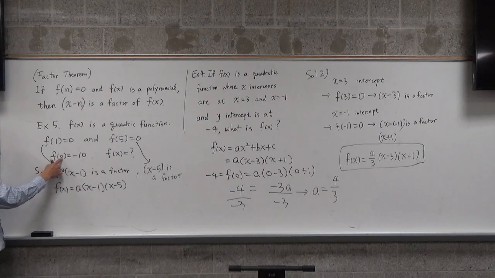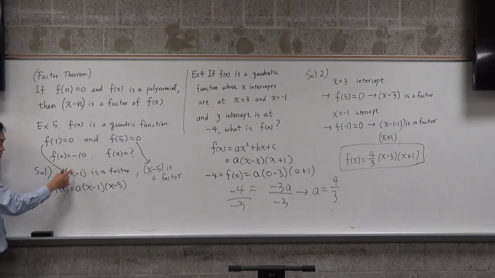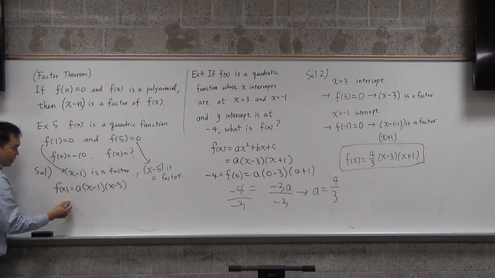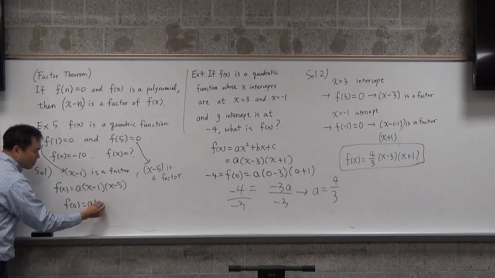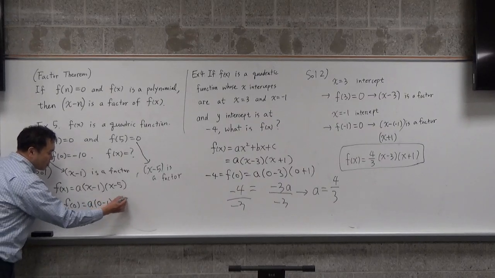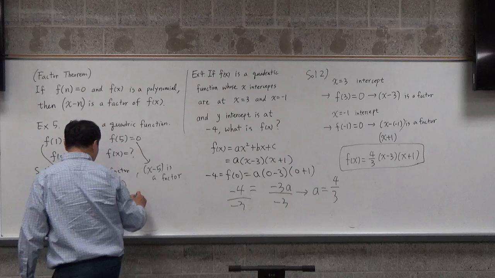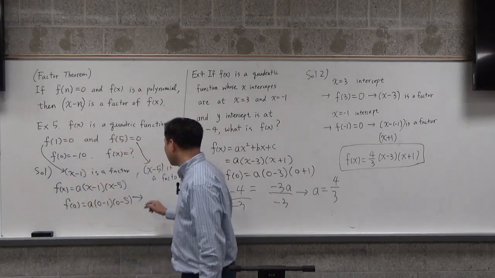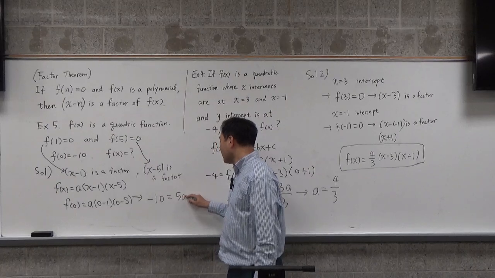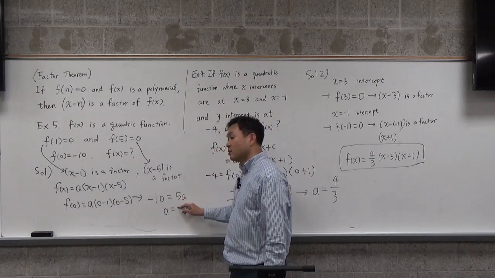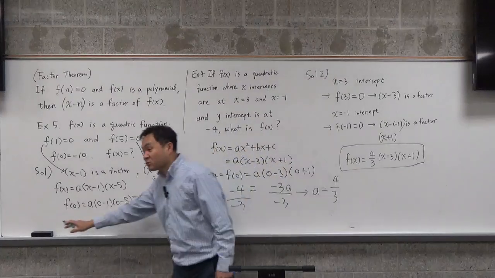Well, if you plug in 0, you should be getting negative 10, right? So you plug in 0 both sides, and you get f of 0 equals a times 0 minus 1, 0 minus 5. And that gives you f of 0 is negative 10. So negative 10 equals 5a. So a must be negative 2 if you divide both sides by 5, right?